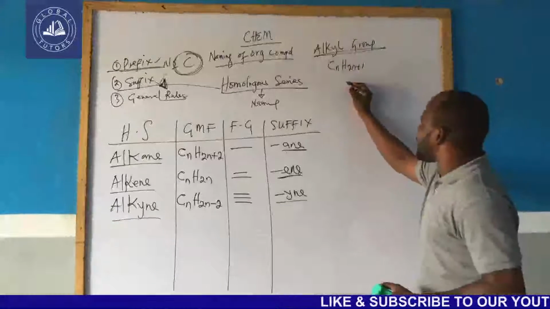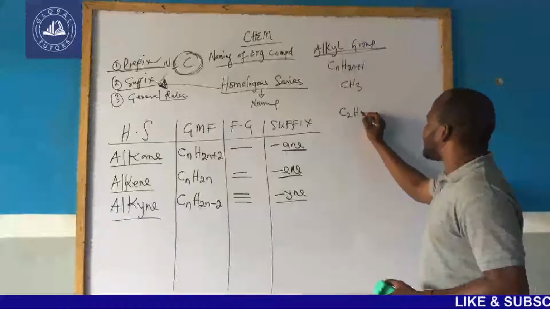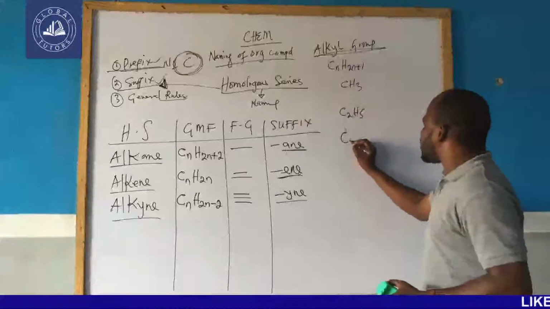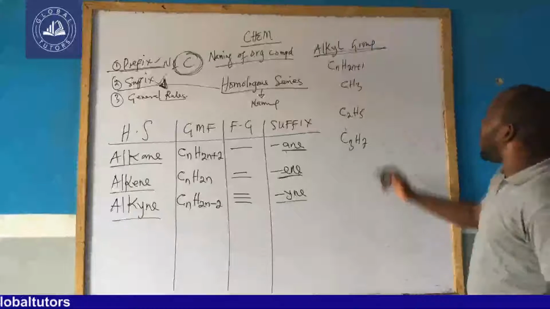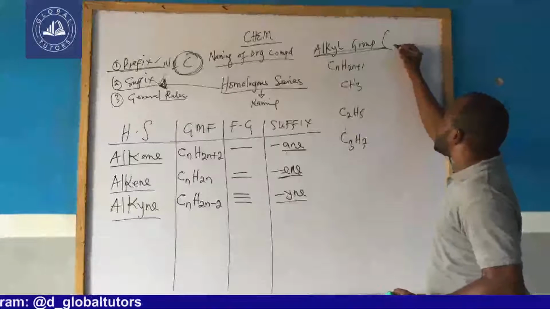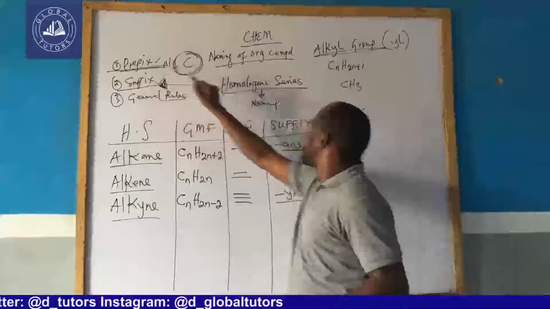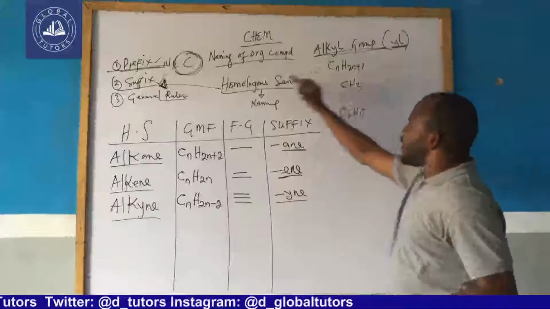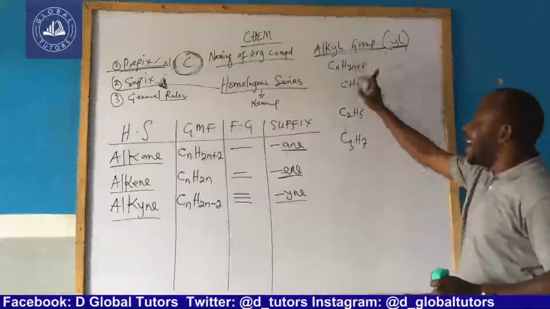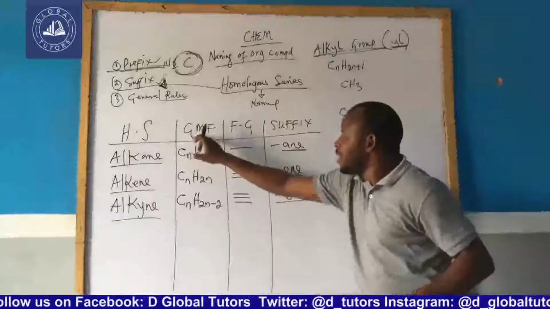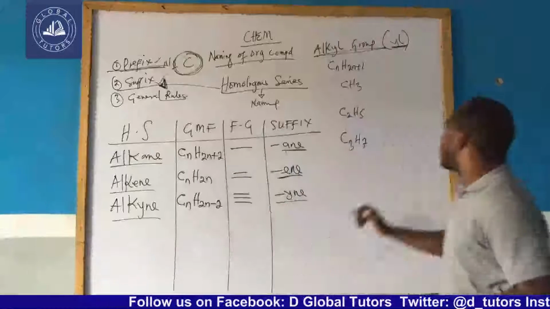So you have, let's say for instance, CH3, C2H5, C3H7. Now, how do we name these? We name them by putting YL with the prefix. Now, the interesting part of the alkyl group is that we use them in describing the general molecular formula of other homologous series.